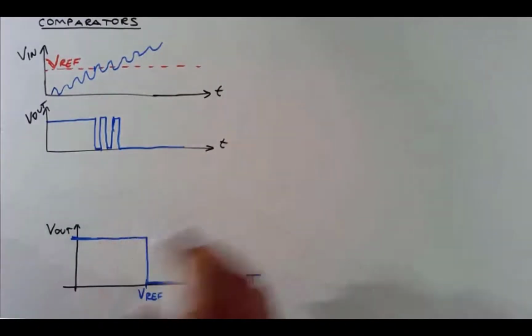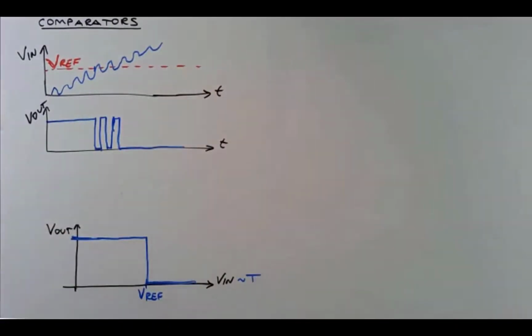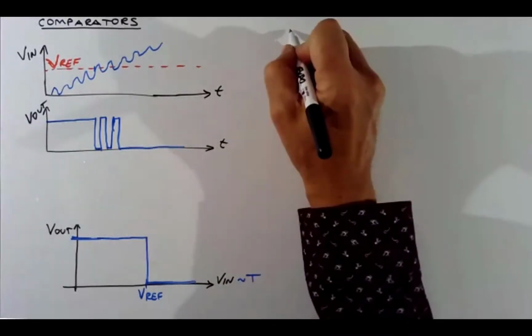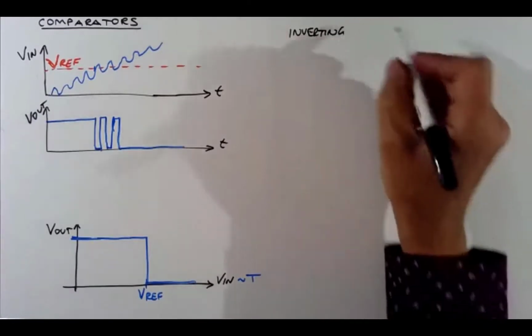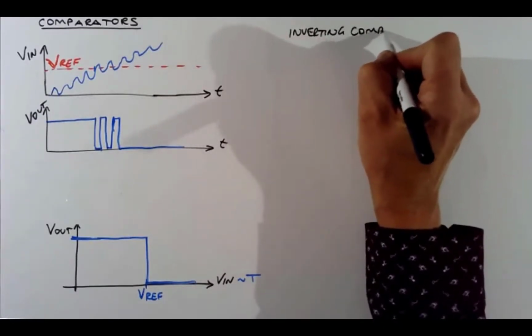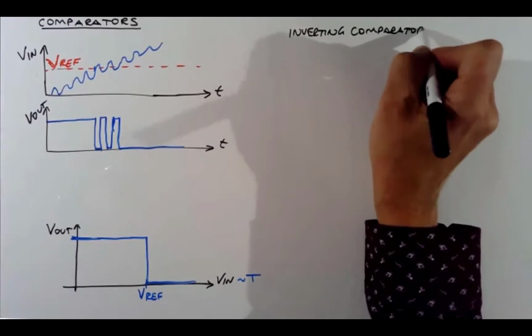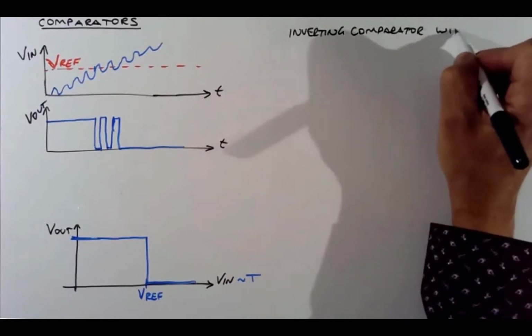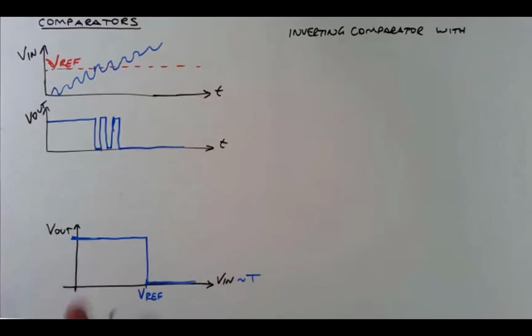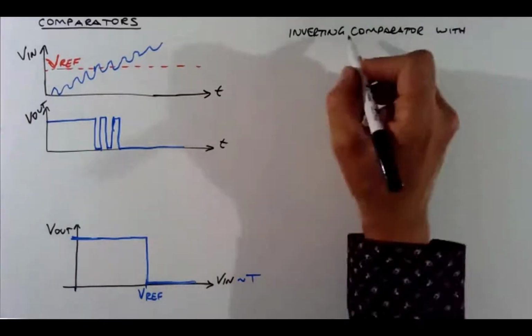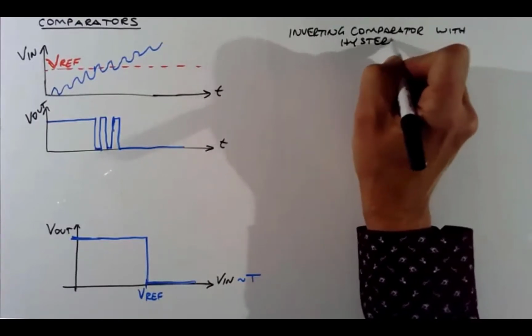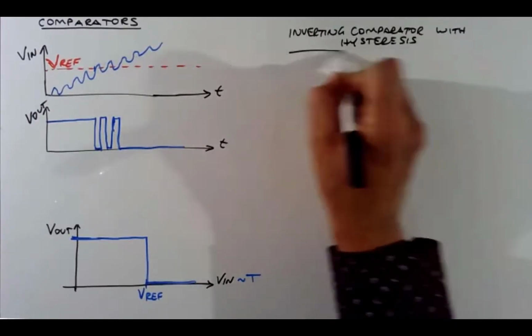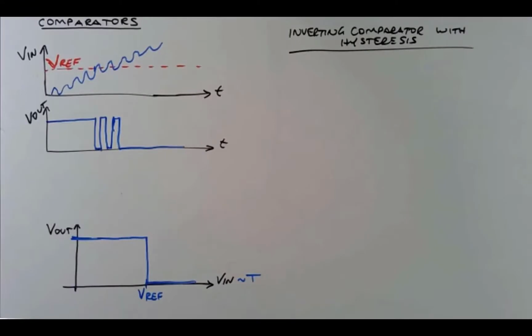So the solution to this is what's called an inverting comparator with hysteresis. It could be non-inverting. It's just we're using a thermostat that needs an inverting comparator. But I guess the point here is that it has hysteresis.